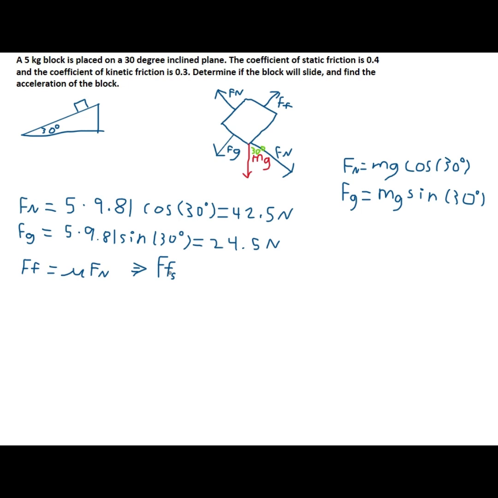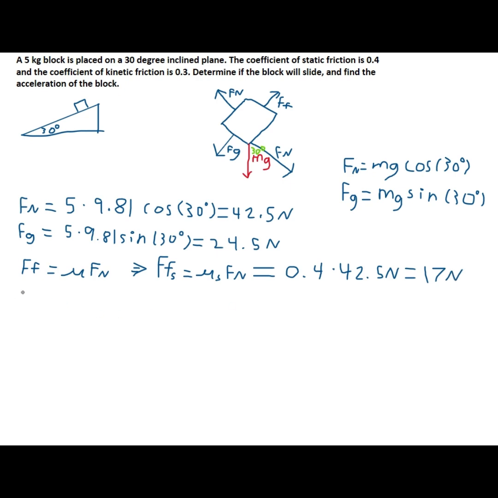I'll put a little s to mark that static, which equals the coefficient of static friction times the normal force, which in this case is 0.4 times 42.5 newtons, which equals about 17 newtons.